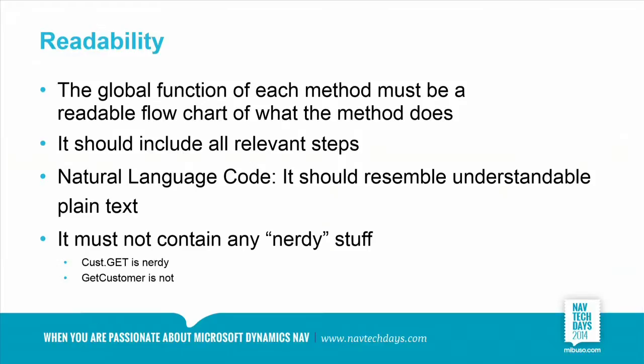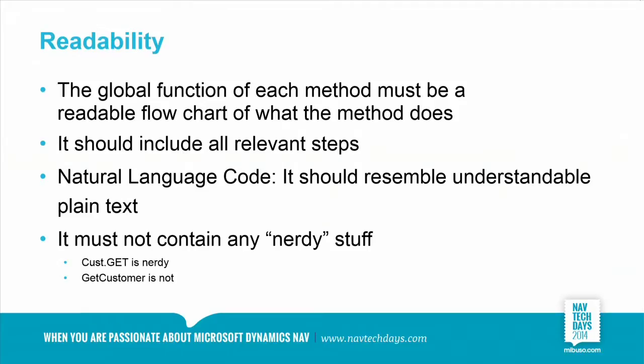That should sort of resemble plain text, this method header, and not carry any nerdy stuff. If you look at what I call nerdy stuff and non-nerdy stuff, cust.get is nerdy, getCustomer is not. I mean, that is a fairly irrelevant example, but I think you get the message. GetCustomer, everybody can understand that, whereas cust.get is already language specific.